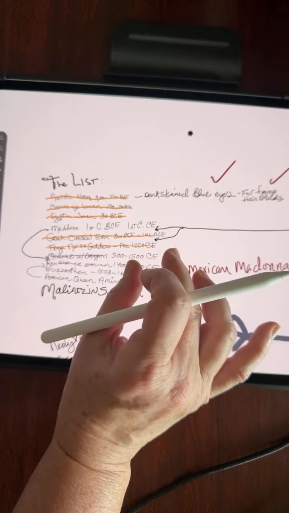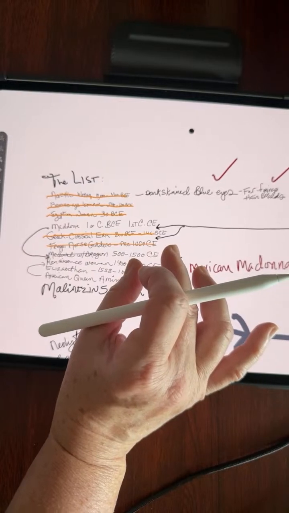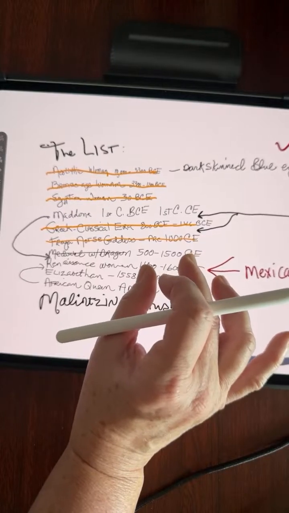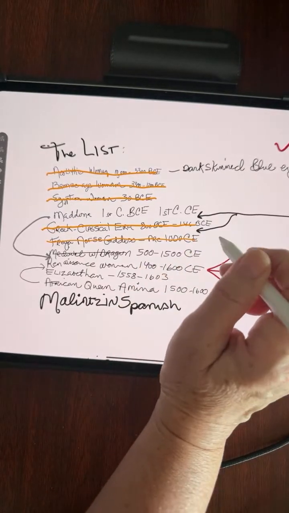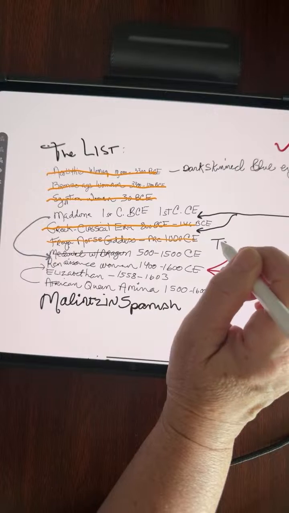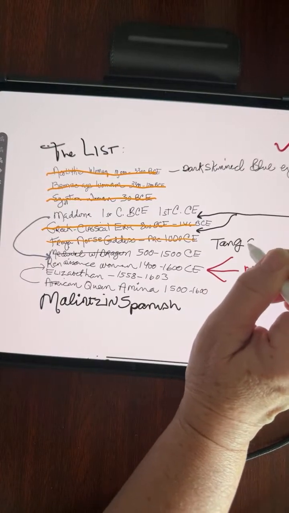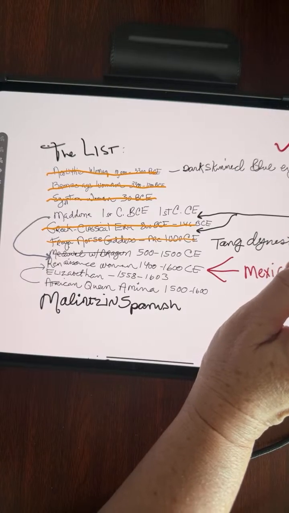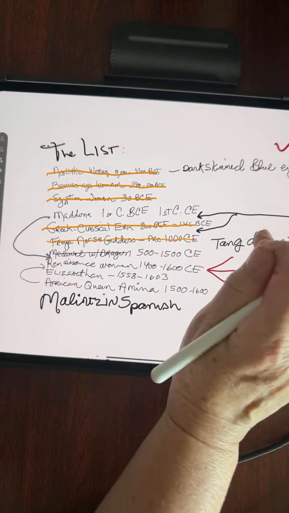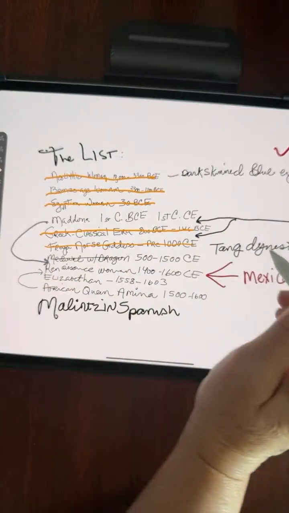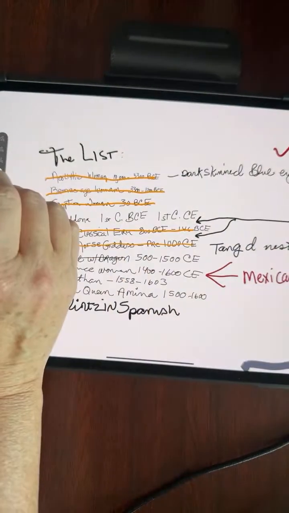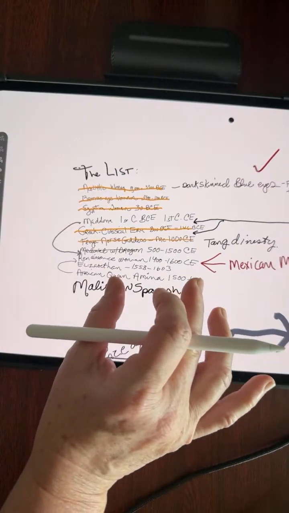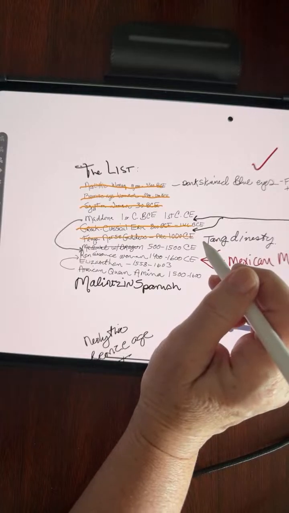I'm going to put in the one I just did, which is the Tang, and I'm probably spelling this wrong, Tang Dynasty. I know I'm spelling all of this wrong. That's not a Y. Dynasty. And I think that's going to go in.